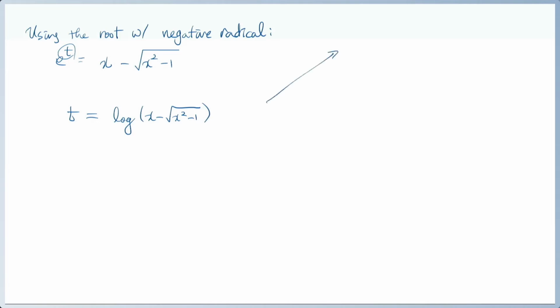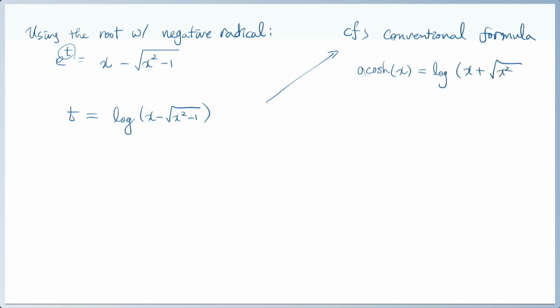And you have to compare this against the conventional formula for arc cosine that you see at the end or at the front of your calculus textbook. Arc cosh is usually given by log of x plus root x squared minus 1.